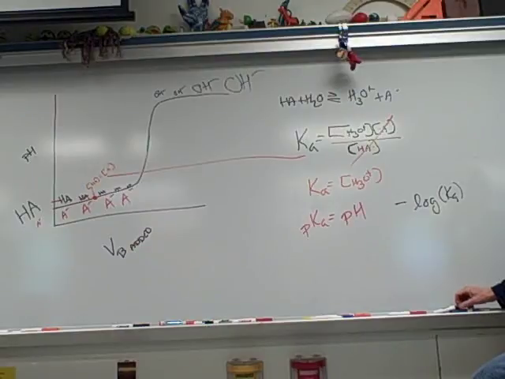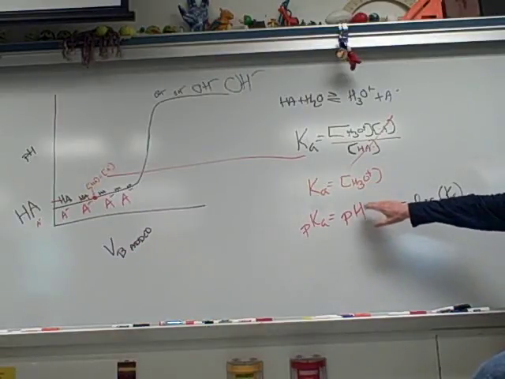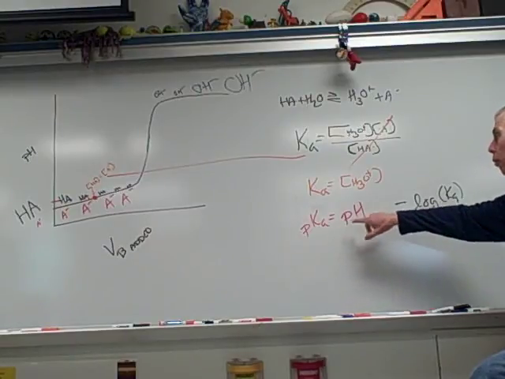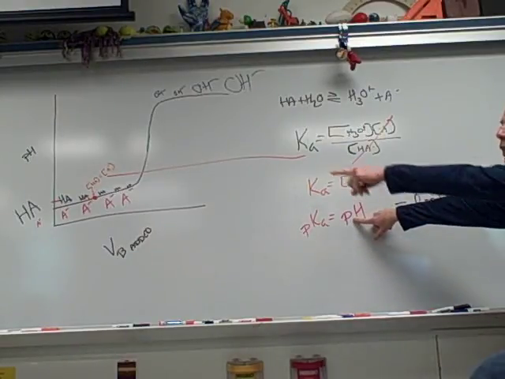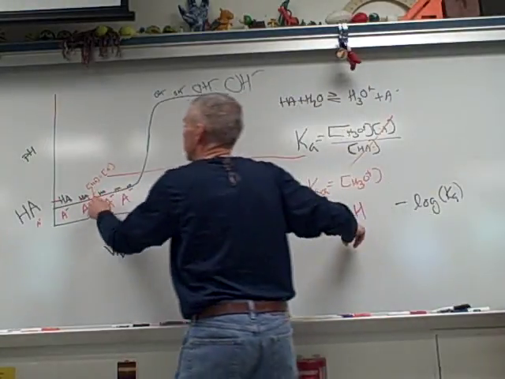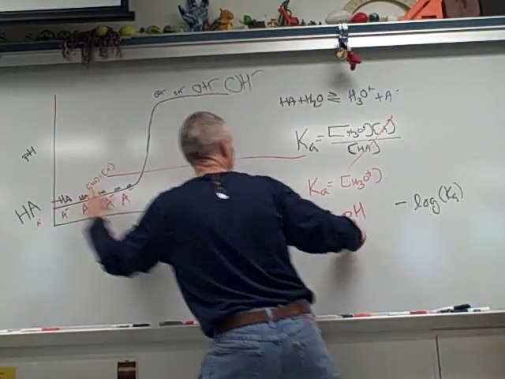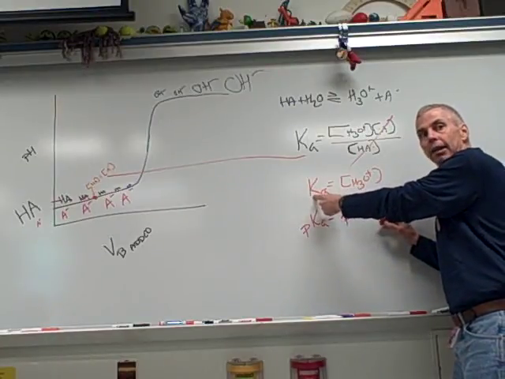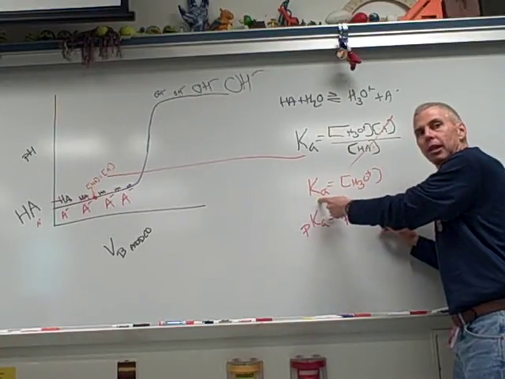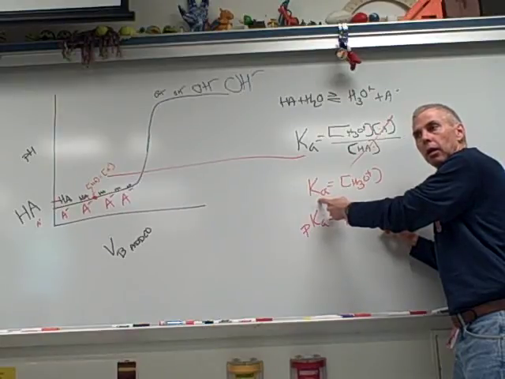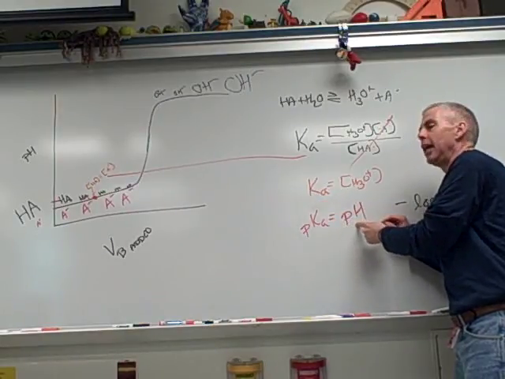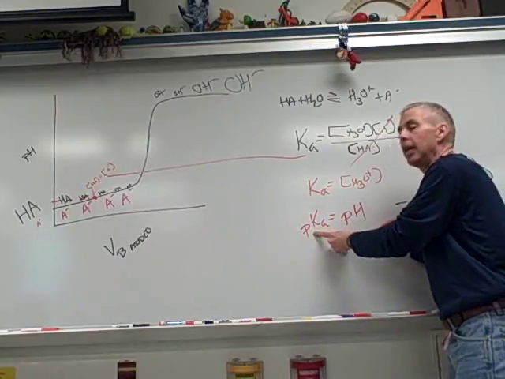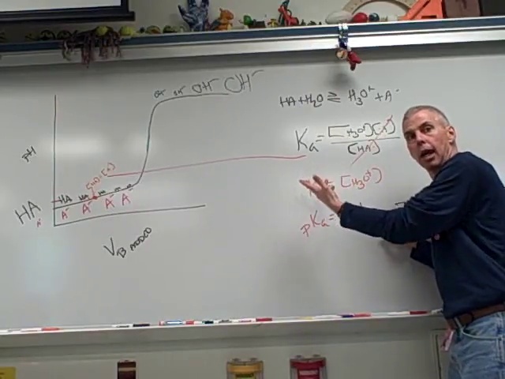Finding the pKa, what does that do for you? Nothing. The only reason this is here is if you're trying to find the Ka, you're already here. You already got that because here's where HA equals A minus, that's the pH. So I've got this, which means I can get this, which means I can find that. Because I can un-P something pretty easily. How do you un-P pH? 10 to the negative of the pH. Well, it's 10 to the negative of the pKa that gives you the Ka.